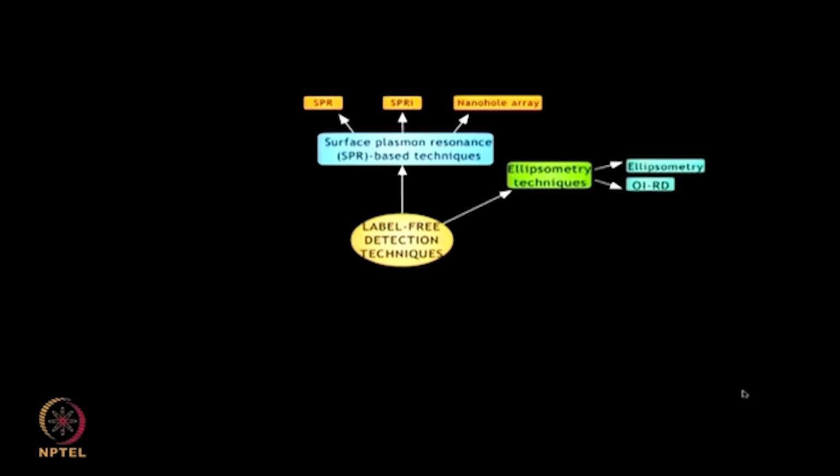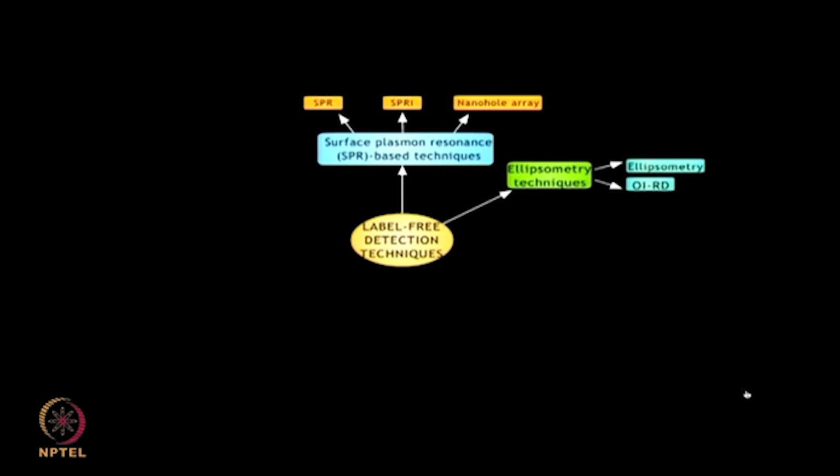Ellipsometry based techniques. First, ellipsometry: the change in polarization state of reflected light arising due to changes in dielectric property or refractive index of the surface material is measured.